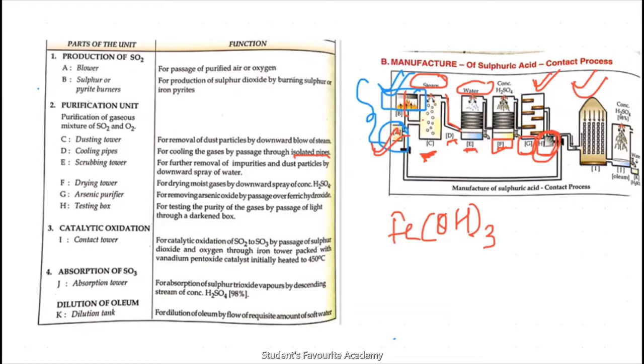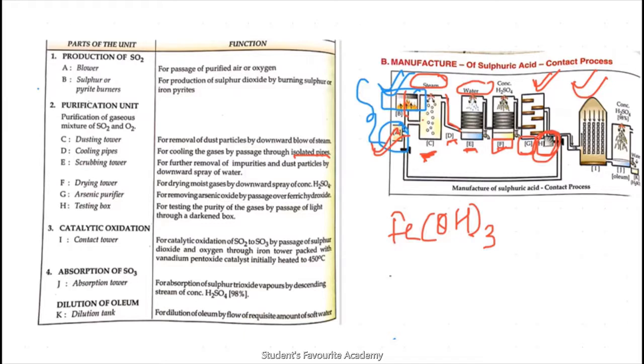Now for catalytic oxidation of sulfur dioxide to SO3, we will be passing sulfur dioxide and oxygen through an iron tower that is packed with vanadium pentoxide catalyst, initially heated to 450 degrees Celsius.